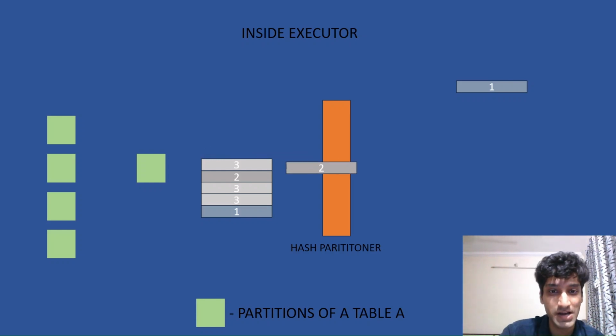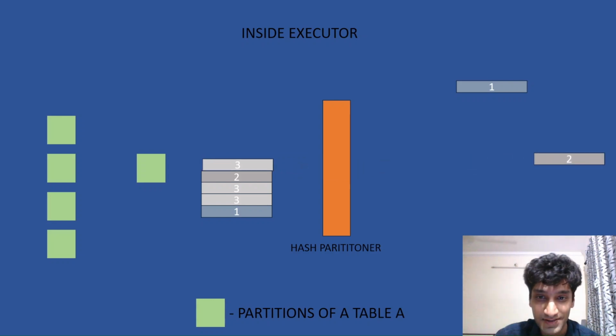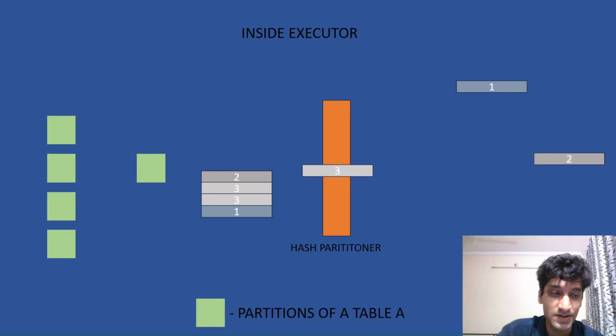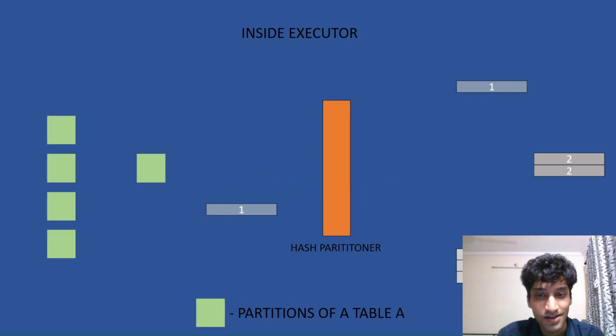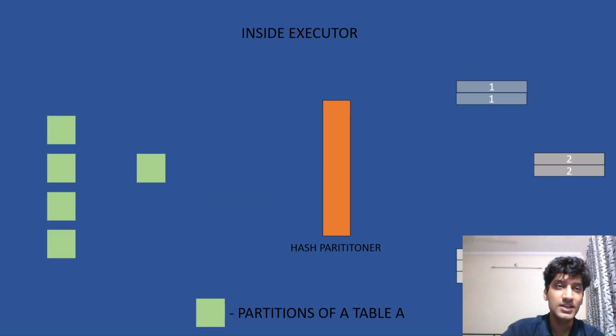Since 2 will have a different hash value than 1, it will go to a separate partition. Similarly, 3 will have a separate hash value, which will go to a separate partition. 2, since this has a hash value similar to the earlier record, will go to the same partition. And same goes with 3 and 1.